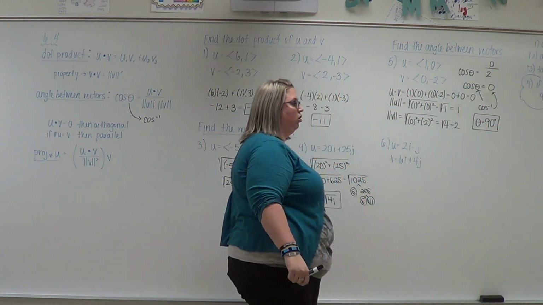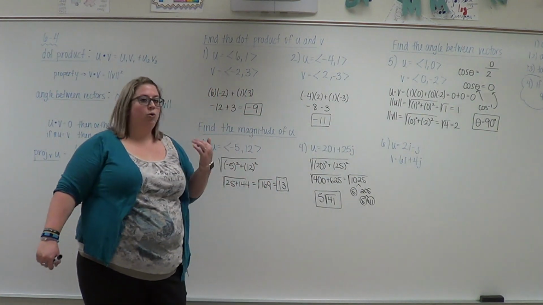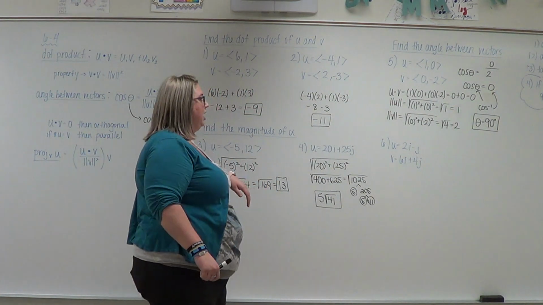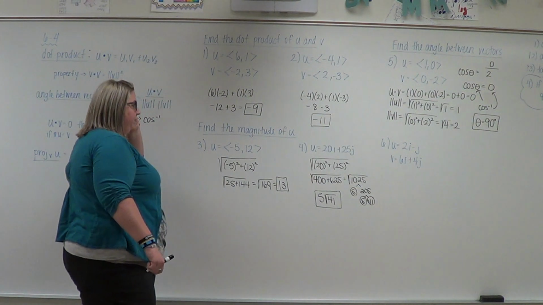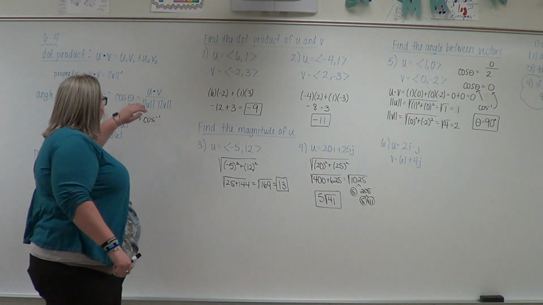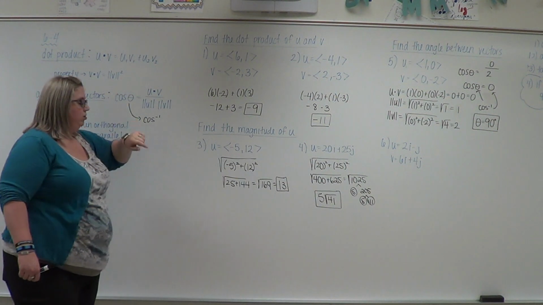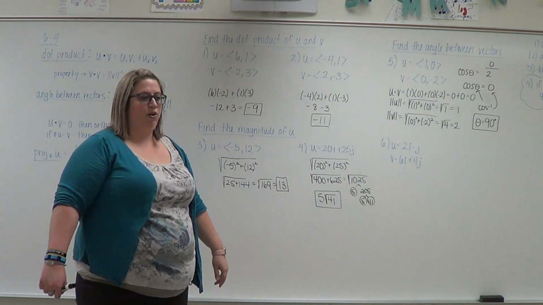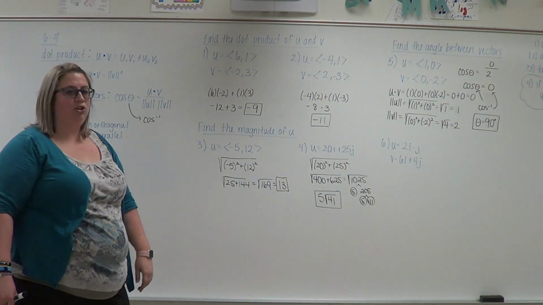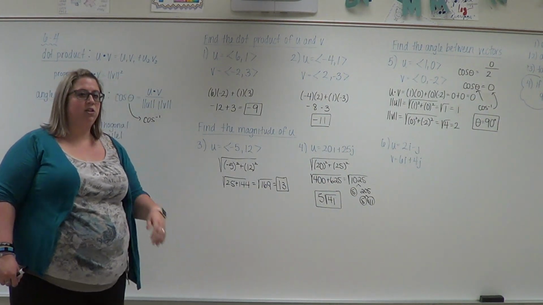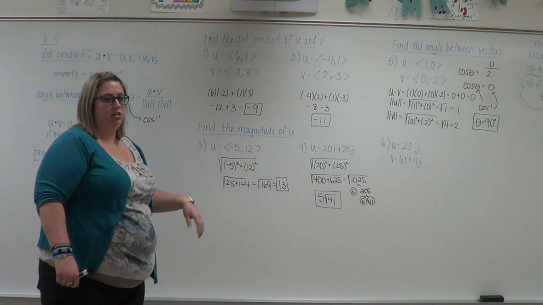Where is cosine 0? Cosine is 0 at 90 degrees. So you find those three things, plug them in, and then do cosine inverse of whatever answer you get. If that's not perfect, you just round to 2 decimal places, just like we would on any other assignment.